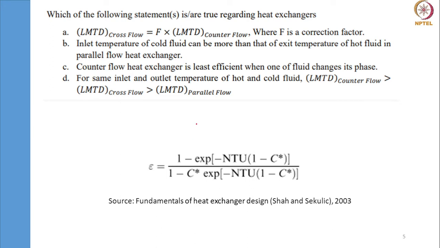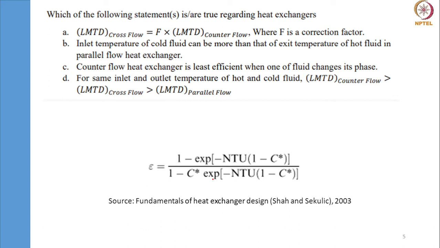We have another question here. You can look into the statements given 1, 2, 3, 4, and which of the following statements are true about heat exchangers. First one is LMTD of a cross flow heat exchanger is some correction factor times LMTD of a counter flow.